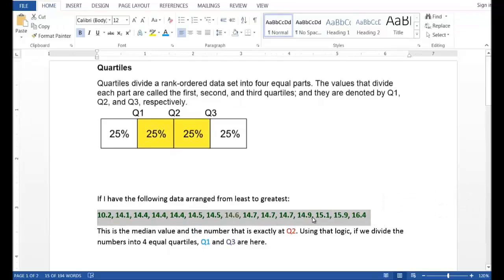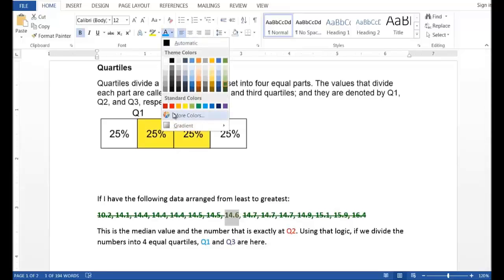Once I have any data arranged from least to greatest, I need to find the median. And so that number is the middle of all numbers from least to greatest. So finding the middle number is actually something you should be able to do. So if I count 1, 2, 3, 4, 5, 6, 7, and I count another 1, 2, 3, 4, 5, 6, 7, you can see that the number left over in the middle, in the exact middle, is the median, and that's 14.6.